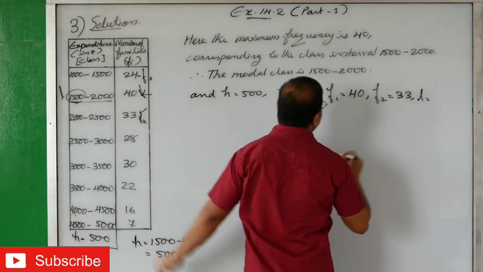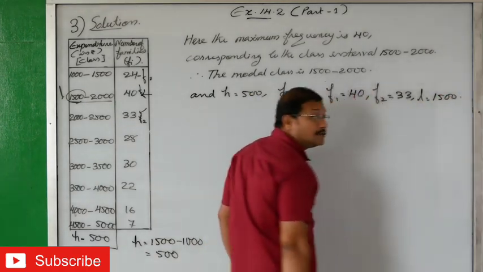What is the lower limit? 1500. So what do you write now?